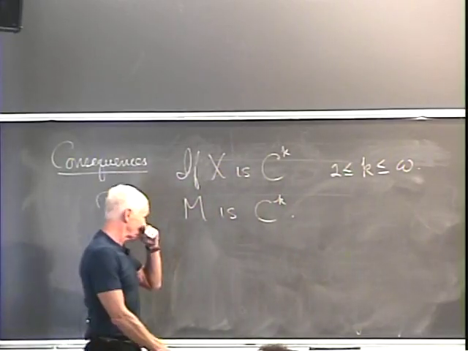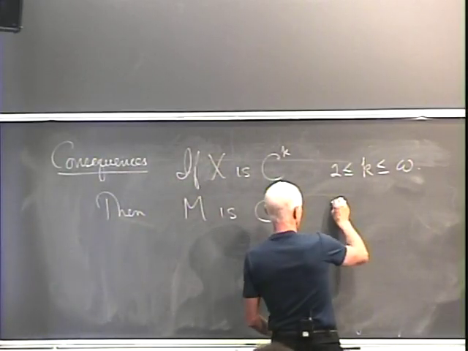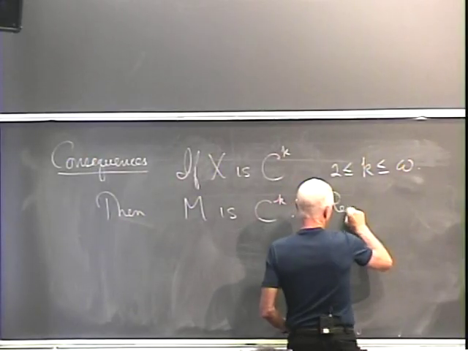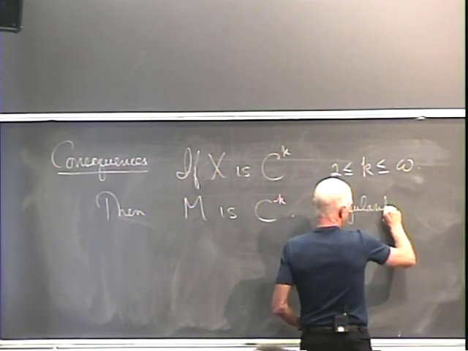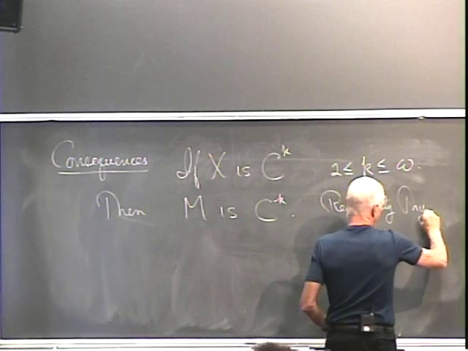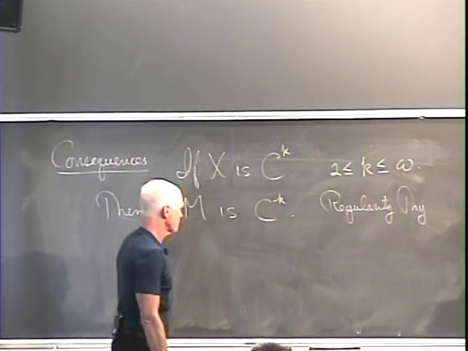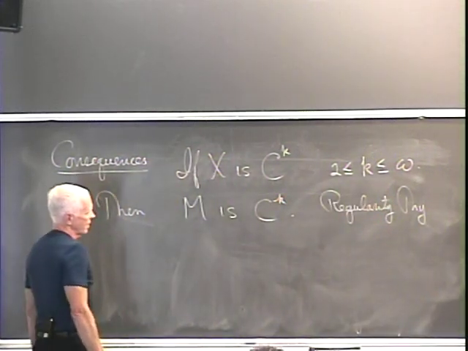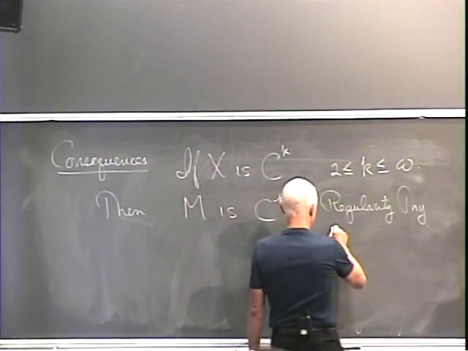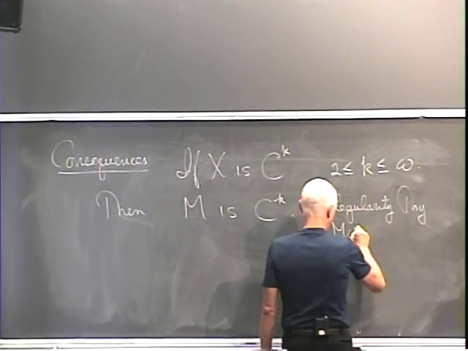And this follows from the regularity theory for minimal varieties, which goes back to Charles Morrey, for example.